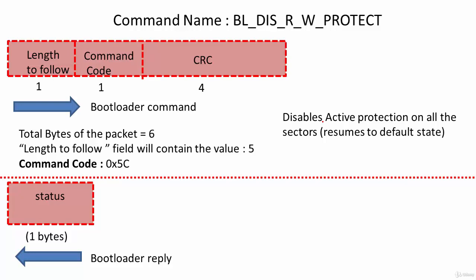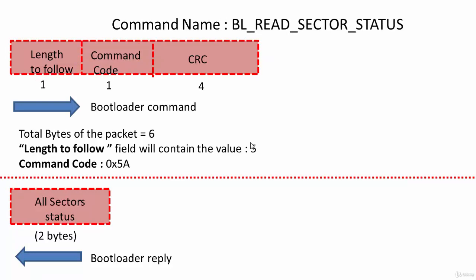So it actually disables all the active protections. And again, the status will be the reply from the bootloader, only 1 byte, so non-zero means it's a failure, and if the status is 0, that means it's a successful execution of the command.